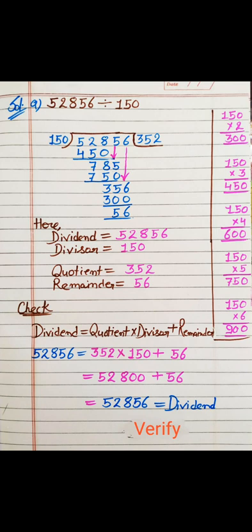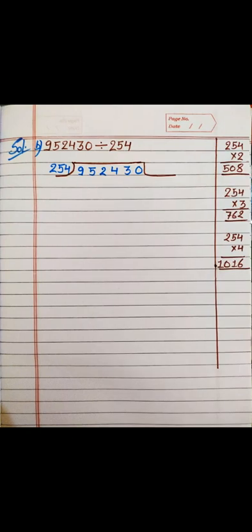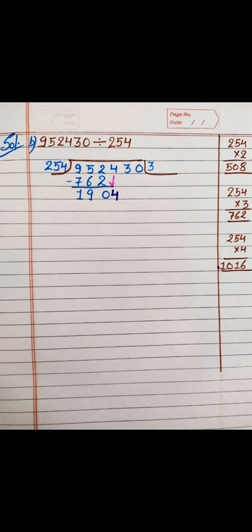We will do the same for the next one. Here we have to divide 9,52,430 by 254. Again the divisor is a 3-digit number, so we have to write the table in 3 digits: 254 times 2 is 508, 254 times 3 is 762, and 254 times 4 is 1016, which is greater than 952. So we will take 254 times 3, 762.